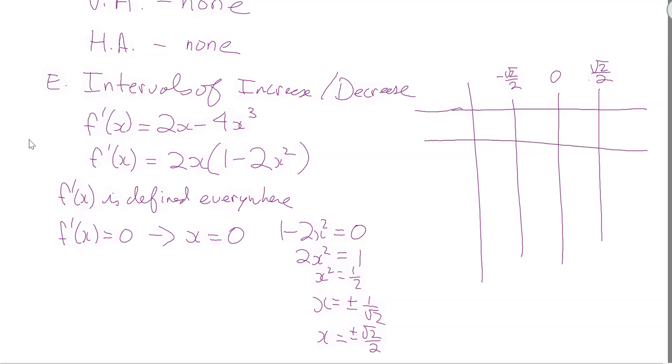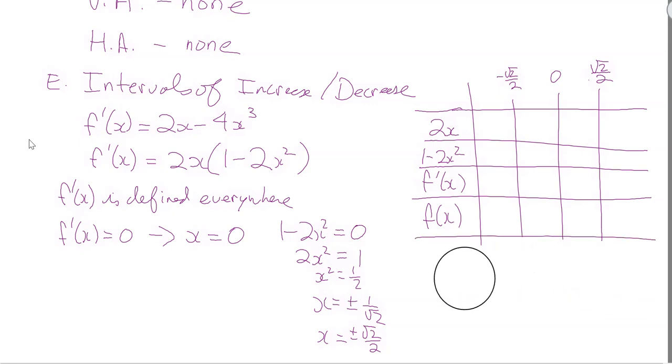And we've got a factor of 2x, and a factor of 1 minus 2x squared, which will give us the sign of f prime of x, which will give us information about f of x.